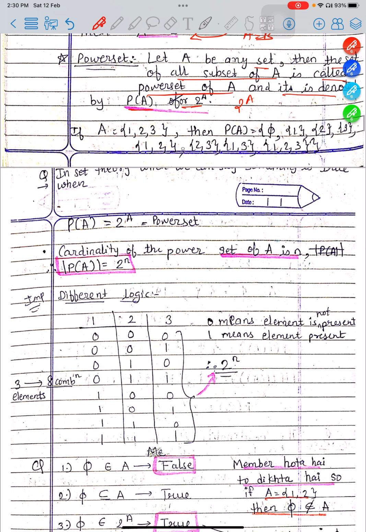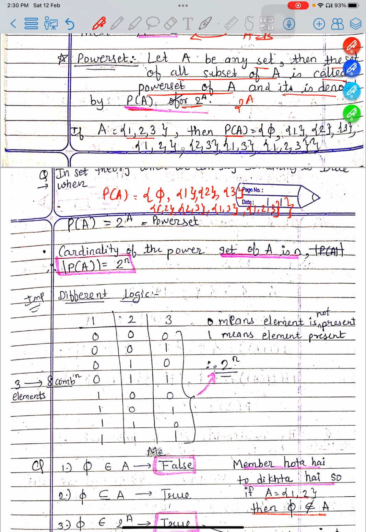If A is 1, 2, 3, then the power set of A, I'll write here again, is phi, 1, 2, 3, 1 2, 2 3, 1 3, 1 2 3.